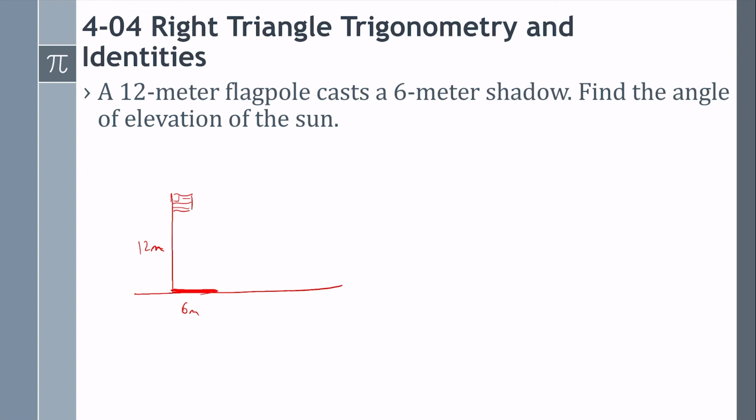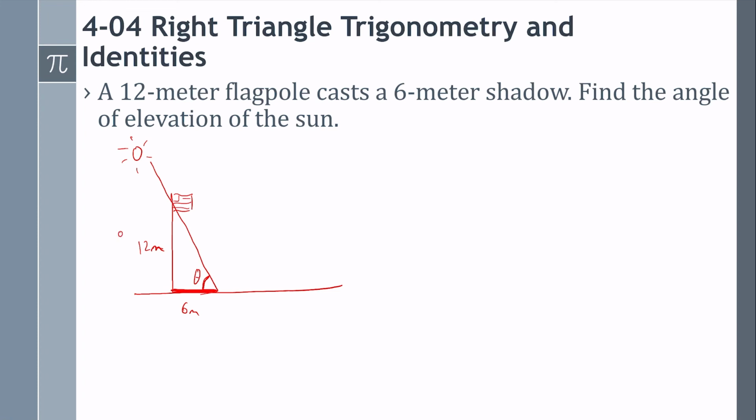And the shadow comes because we have the sun. Find the angle of elevation. Well, the angle of elevation is from the horizontal up, so it would be that angle right there.